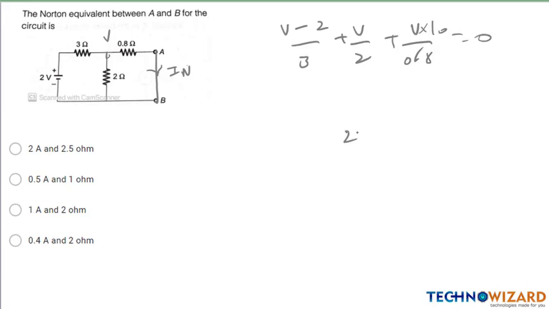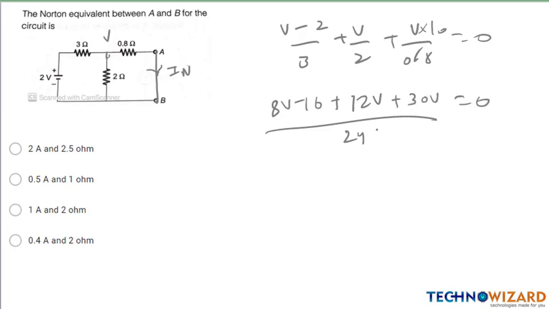Taking LCM, this will come out to be 24. 8V minus 16 plus 12V plus 3 into 10, 30V, is equal to 0. Now 12 plus 8 is 20, 20 plus 30 is 50V minus 16 is equal to 0. Therefore V is equal to 16 upon 50, which is equal to 0.32.